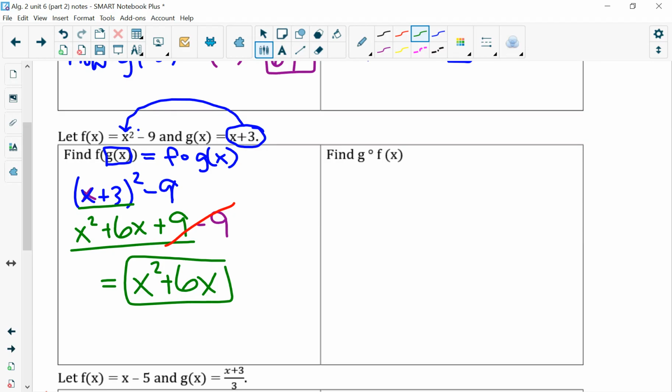Okay, I want you to try the next one. The next one, we are going to take the f function and plug it into our g function. So instead of writing x plus 3, I'm writing x squared minus 9 plus 3.